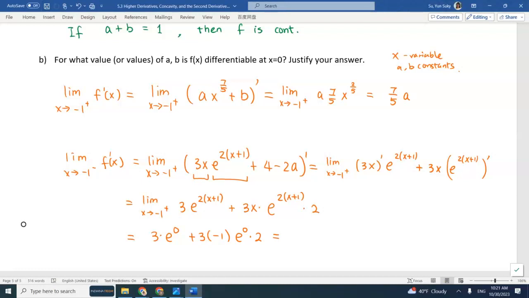What's e^0 again? 1. Oh, 3 times 1 is 3. Minus 3 times 2 times 1, 6. What's the answer? -3. Okay, everybody? So we set them equal.